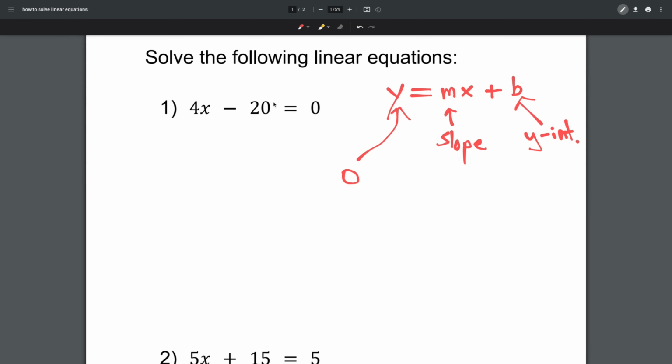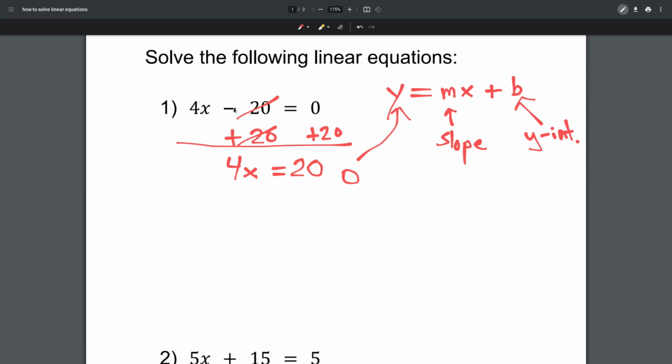So first we want to get rid of the subtraction and then get rid of the multiplication. Okay, so I'm going to add 20 to both sides here. And I'll get 4x, because the minus 20 and the plus 20 cancel out, equals 20.